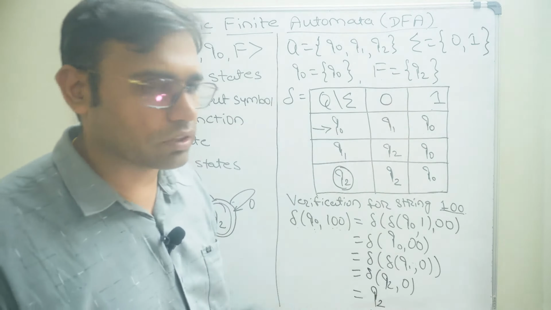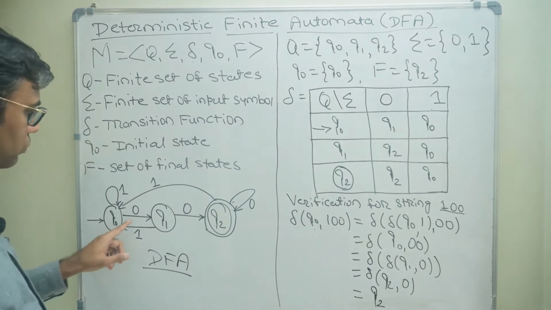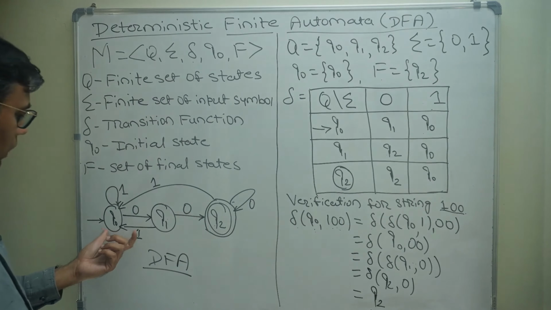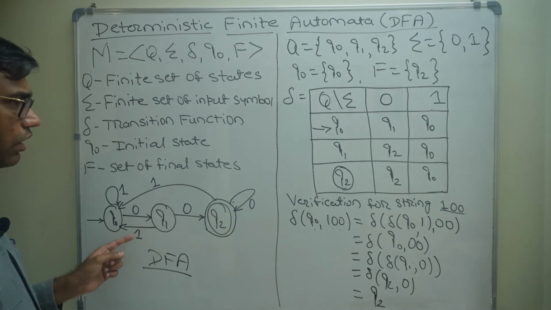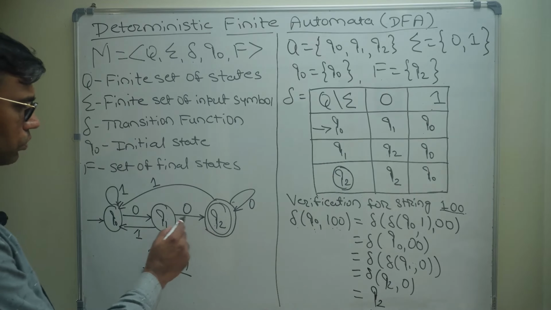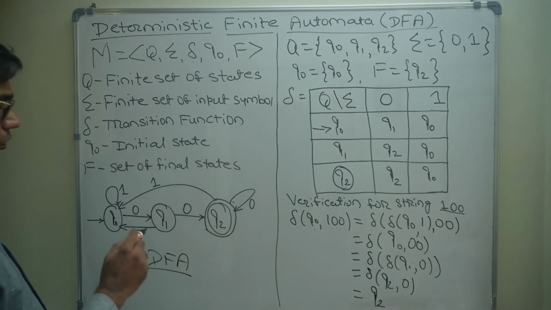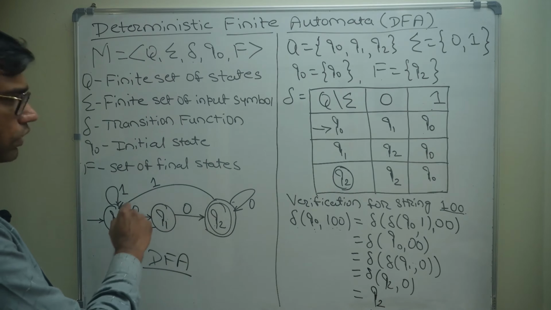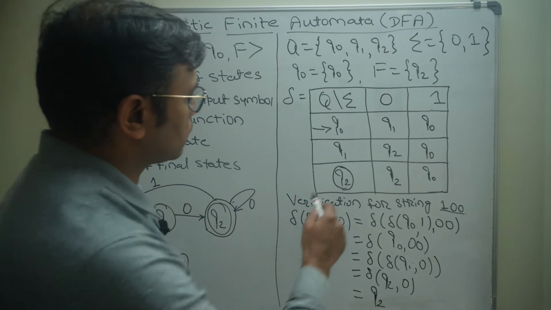Now you have to fill in the values from the diagram. Q0 on 0 is Q1, Q0 on 1 is Q0. Then Q1 on 0 is Q2, Q1 on 1 is Q0, Q2 on 0 is Q2 and Q2 on 1 is Q0. So this is the transition table.